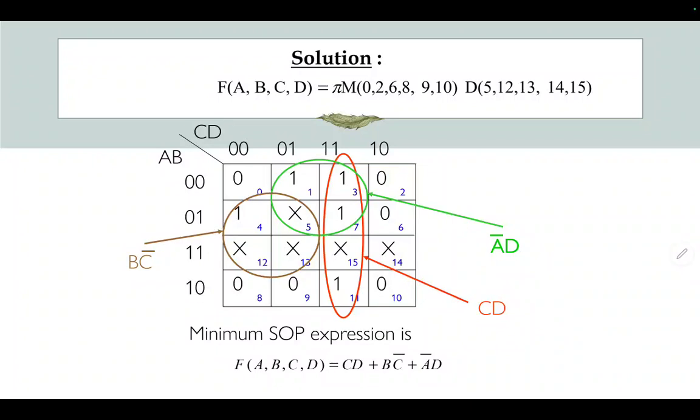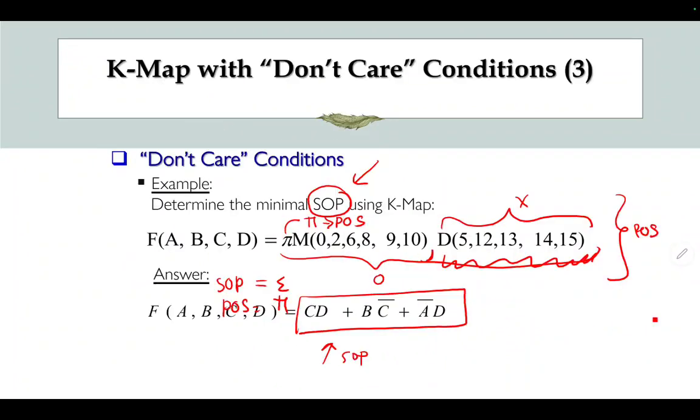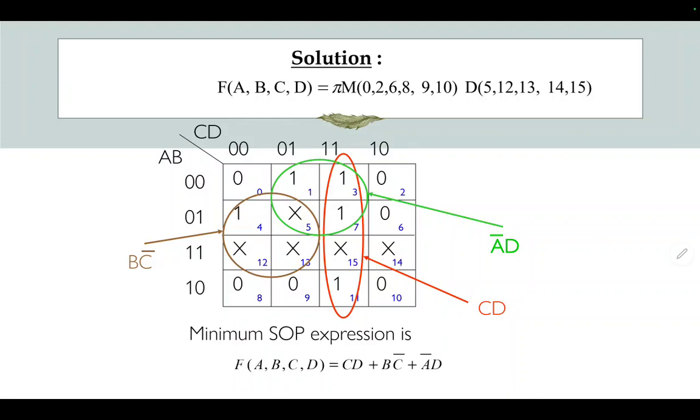Okay, we go back to this equation. You have to locate 0, 2, 6, 8, 9, 10. Locate number 0 in the table, and don't care 5, 12, 13, 14, 15. Right. So you got 0, 2, 8, then 9, and then 10.